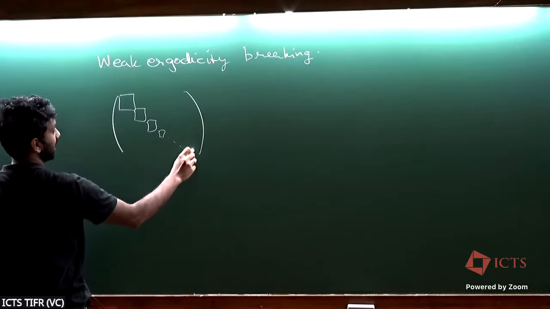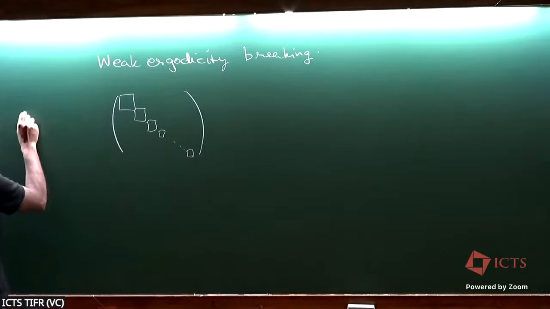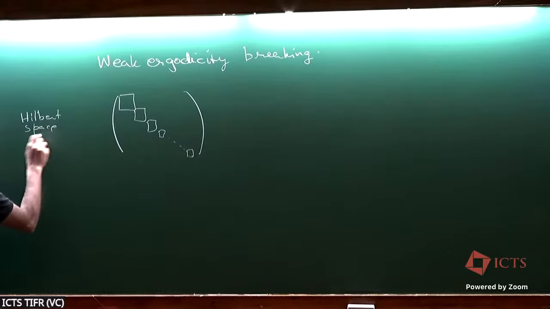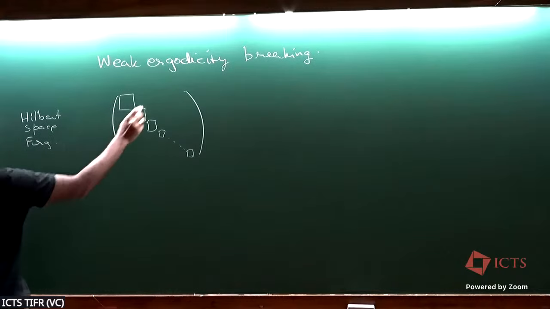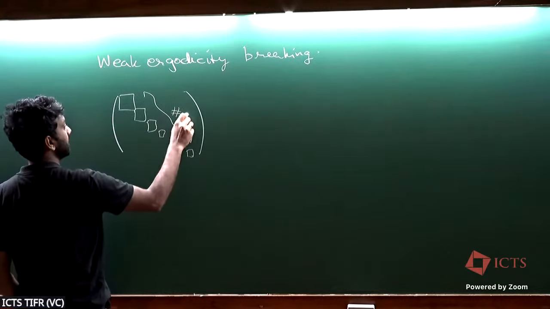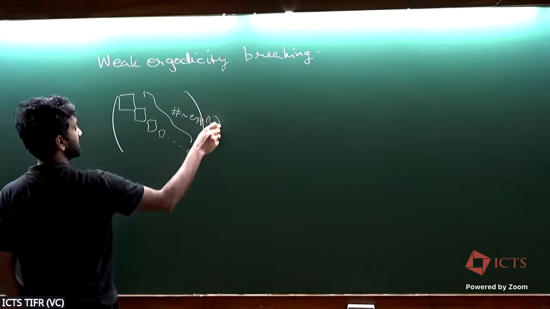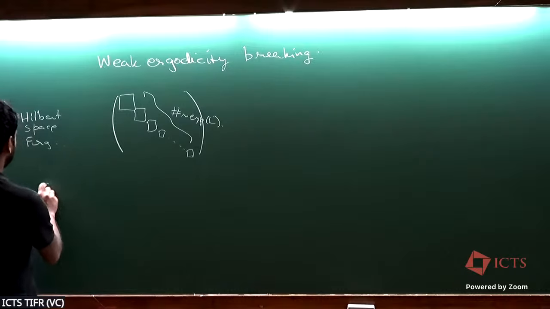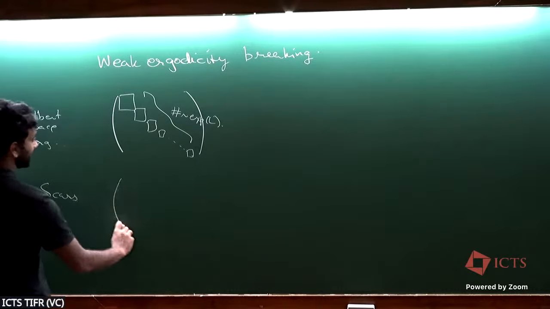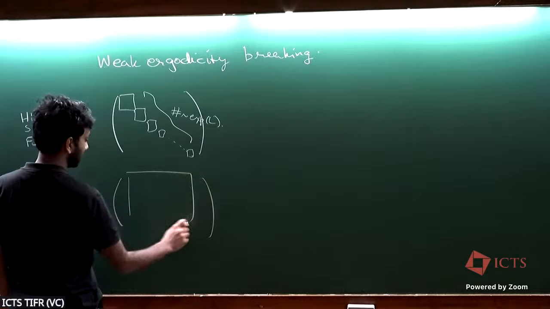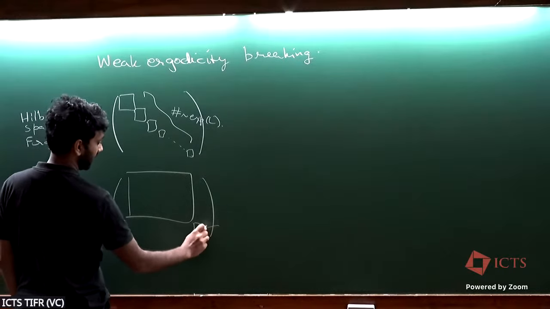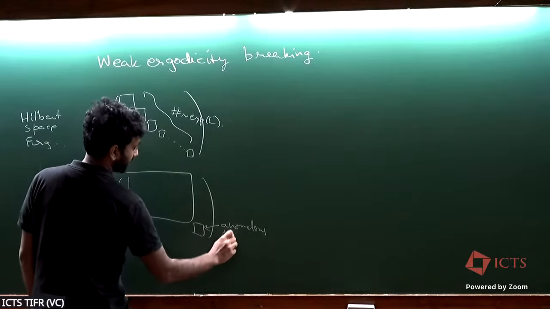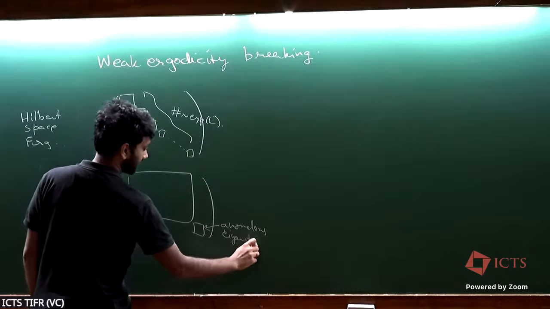In the case of Hilbert space fragmentation, the number of blocks grew exponentially with system size. This is also what Diptiman talked about. And in the case of quantum many-body scars, we saw that there seemed to be one big block and one small block, and there are some anomalous eigenstates that belong to this block.